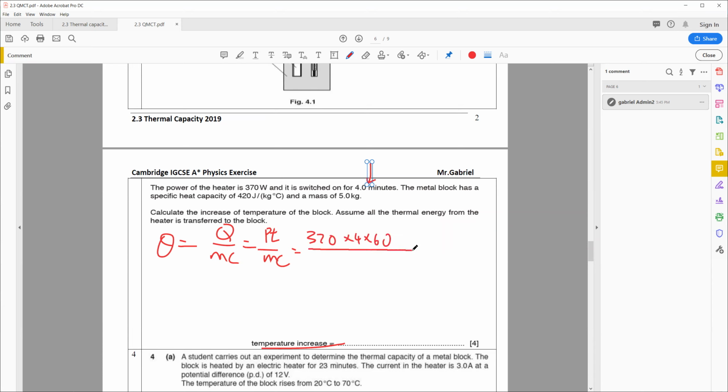Divide by your mass, which is 5 kg, divide by your specific heat capacity, which is 420. Press everything into your calculator, and you should get 42.3 degrees Celsius. Make sure you always remember your units are very important, especially when you're doing the calculation. That's why I always tell you guys to convert everything into standard form.